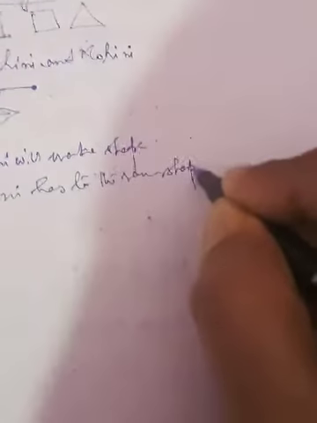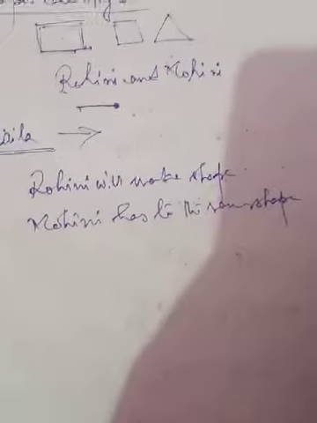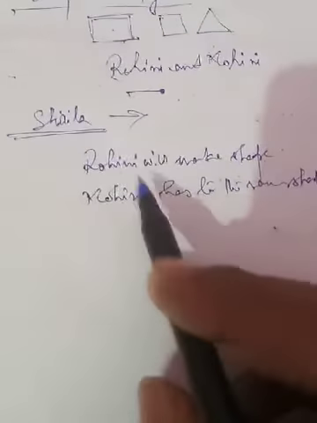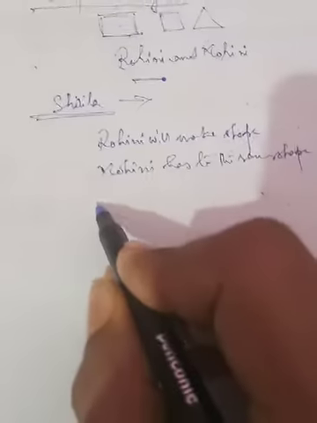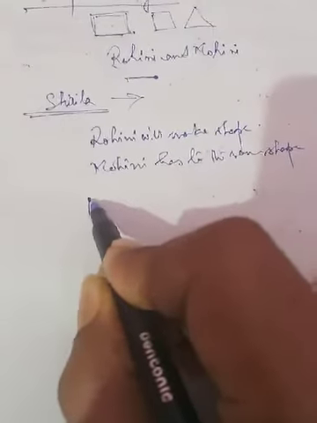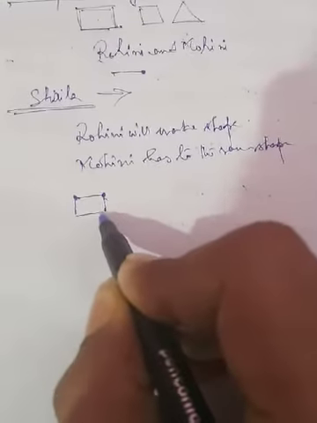Mohini has to make the same shape without looking at it, but she can ask questions. Suppose Rohini is making a rectangle by using matchsticks, like this.